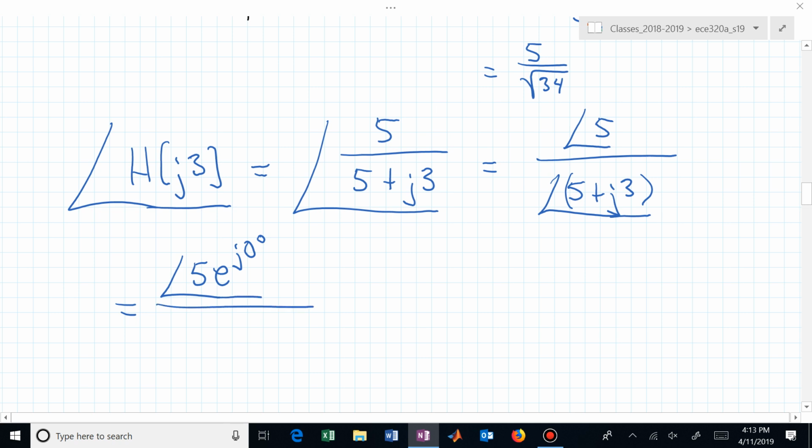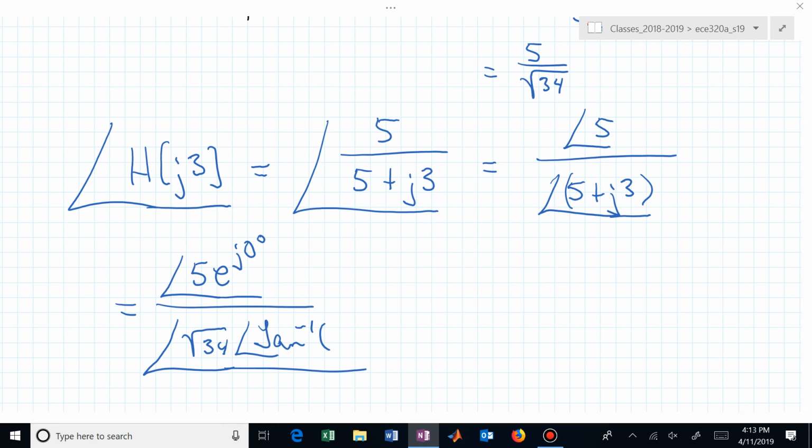And this one is now the angle of the square root of 34 at an angle that's the inverse tangent. I'm trying to drive home a point. How do we find the angle of 5 plus j3? We have opposite of 3 over adjacent of 5.